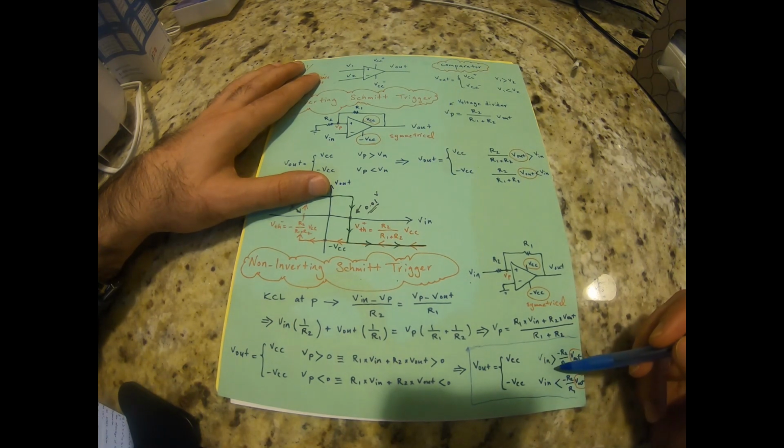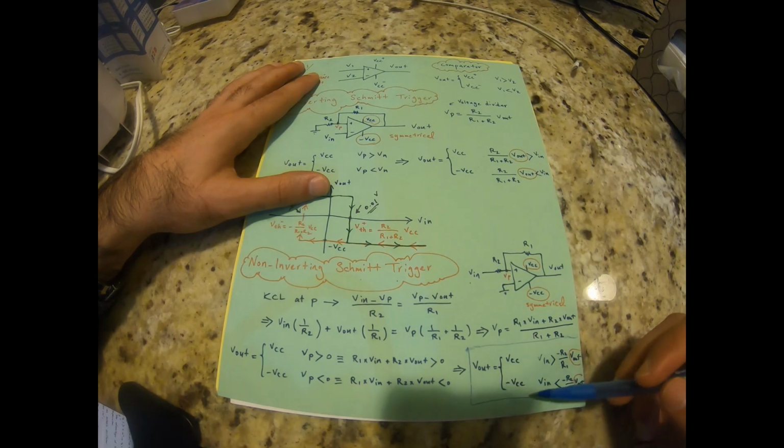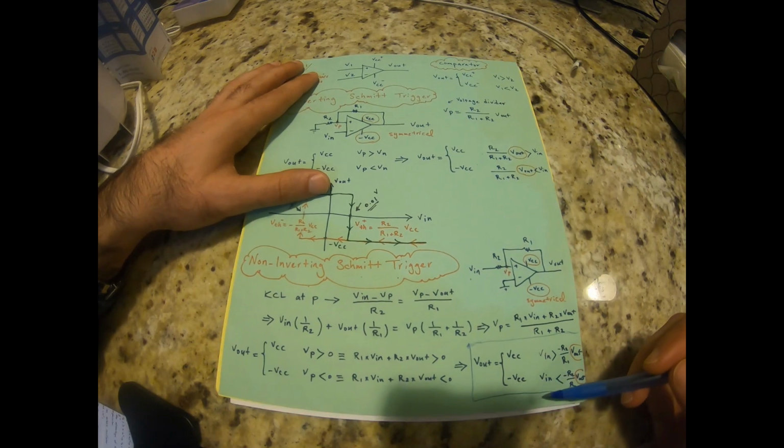If Vin is bigger than this value, negative R2 divided by R1 times Vout, Vout is going to be equal to VCC. And if Vin is smaller than this, Vout is going to be negative VCC. Right?